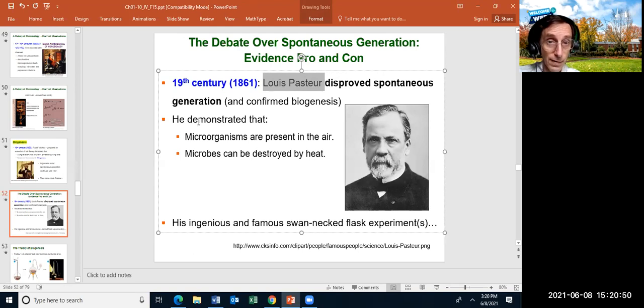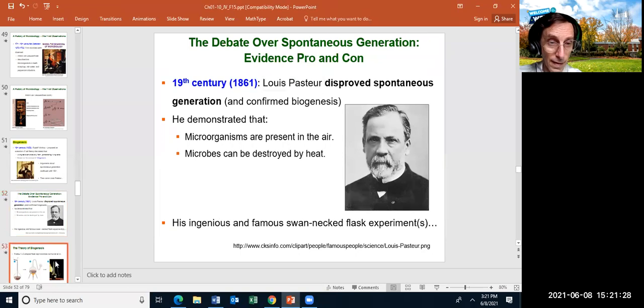What he did was he demonstrated that microorganisms are present in the air and that microorganisms can be destroyed by heat. And he made an experiment where he had an ingenious and famous swan neck flask where he destroyed the microorganisms by heat and then prevented them from the air from getting in, but kept it open to the outside so the vital forces could come in and cause spontaneous generation. And guess what? They did not.